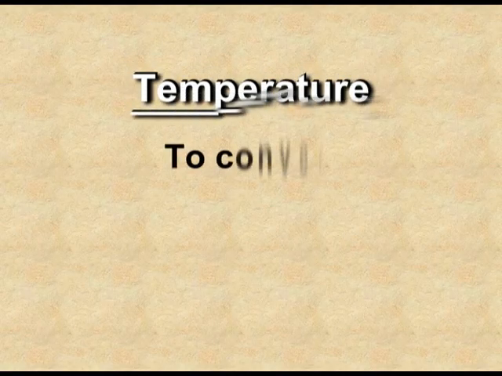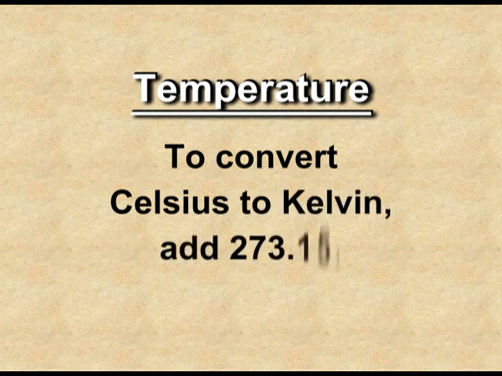Temperature. Temperature is the degree of hotness or coldness of a body. We use three fundamental scales to measure temperature: degree Celsius, degree Fahrenheit, and Kelvin. All these three scales are interconvertible. We can convert degree Celsius into Kelvin by adding 273.15.